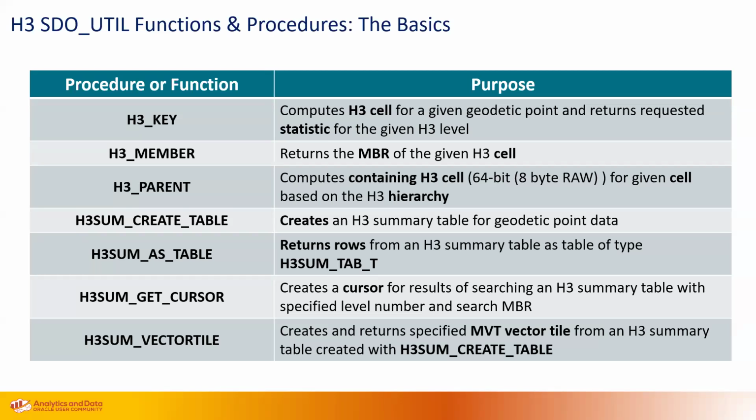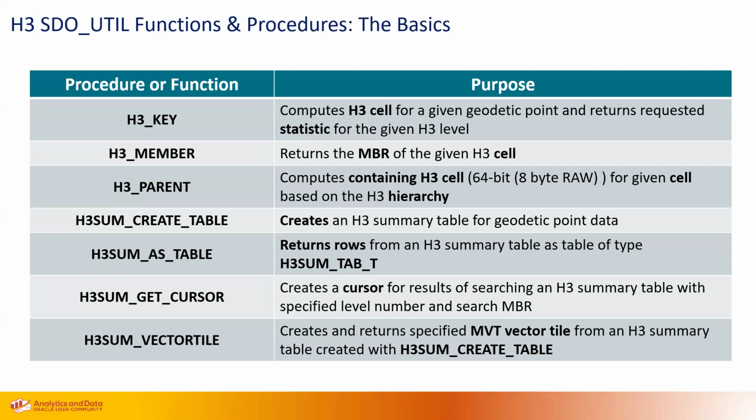In fact, the one we're going to focus on for right now is H3 sum as table. Because what we're going to be able to do is, first off, well, I kind of misspoke there slightly. H3 sum create table is necessary first. But once we create it, we can populate it with H3 sum create table and then return rows with H3 sum as table.